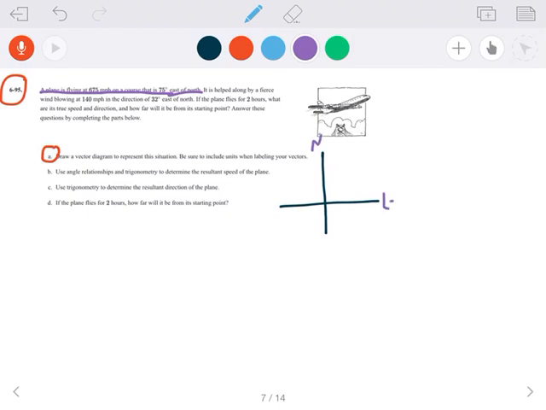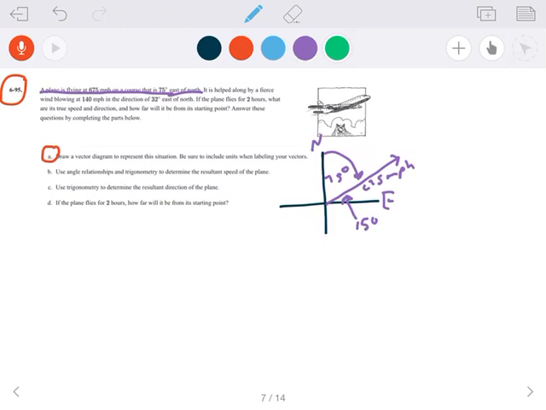Here's north, here's east. 75 degrees is almost down to the bottom. So we're going to have a plane that's traveling like this, and that's 675 miles per hour. Now this angle measure here is 75 degrees, which means the angle up here is 15 degrees. Okay, so that's our first vector, that purple one.